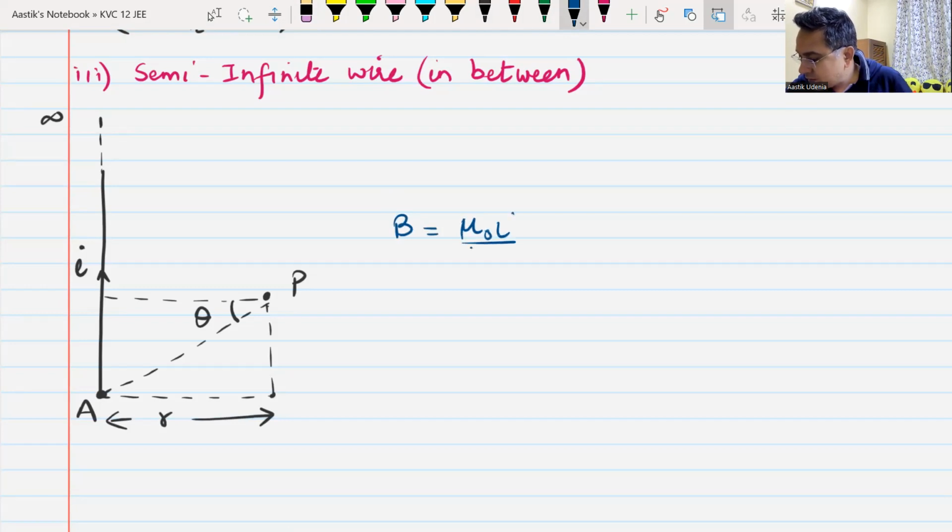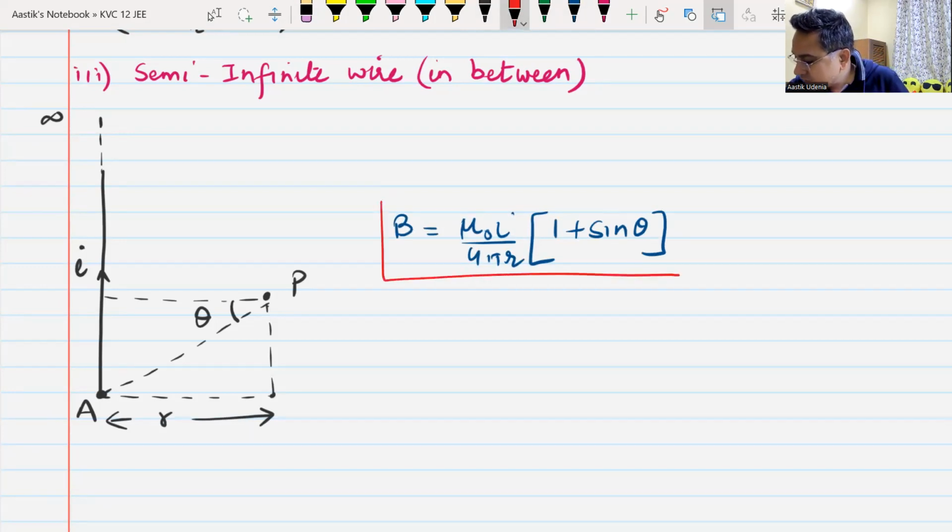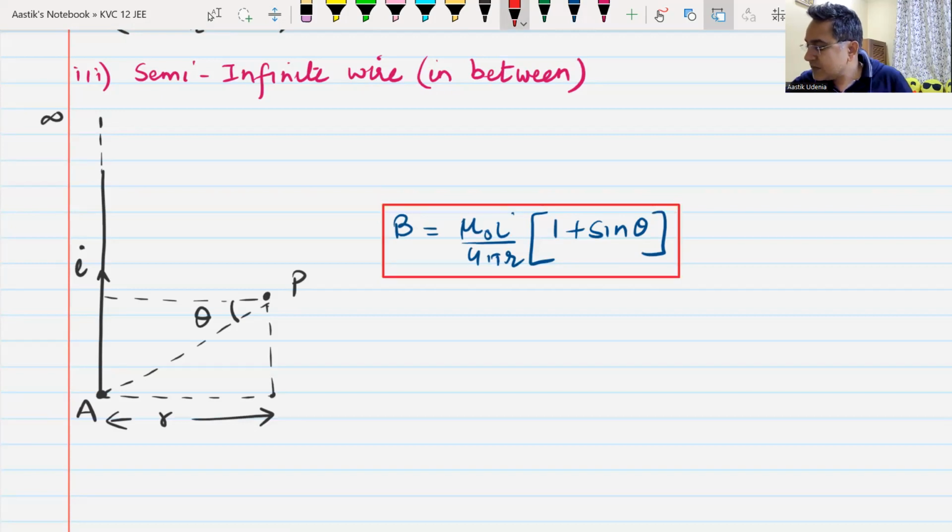Mu naught I by 4 pi r, one angle is 90, the other angle is sine theta. So your answer would be like this. That is the correct option.